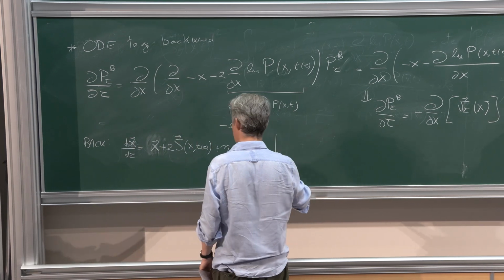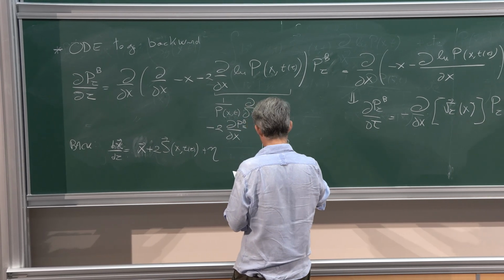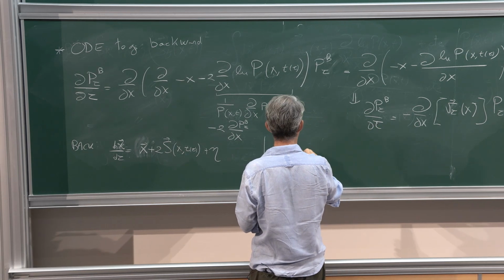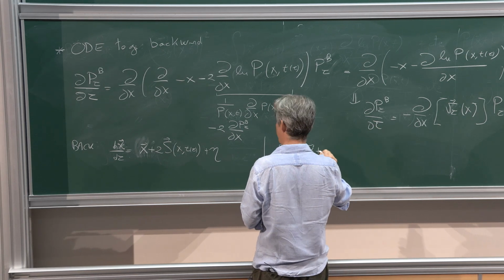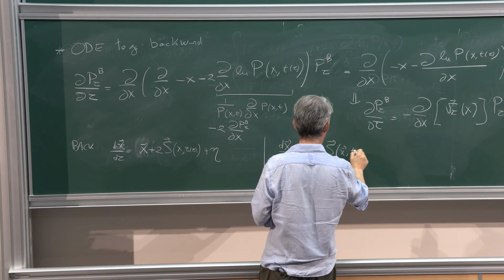Or I can go backward using the equation dx d tau equal to the velocity, which is x plus s of x and t of tau.